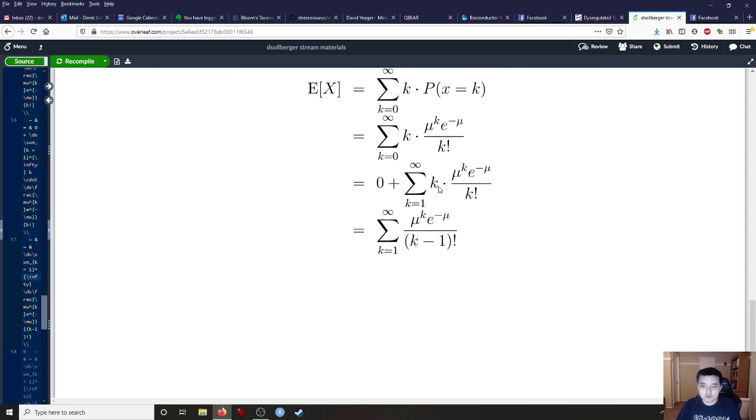Now, notice also we have a k in the numerator and a k in the denominator. Recall also that k factorial is k times k minus 1 times k minus 2 all the way down. So that first k in the factorial cancels out, and that's why we're left with a k minus 1 in the denominator.